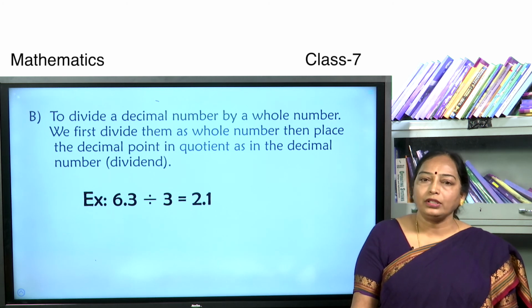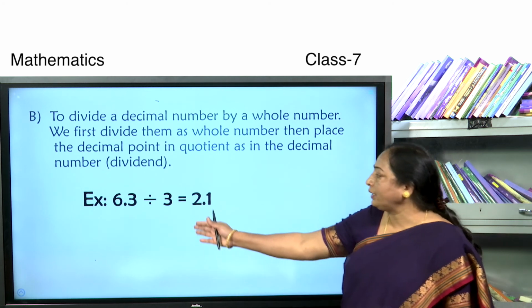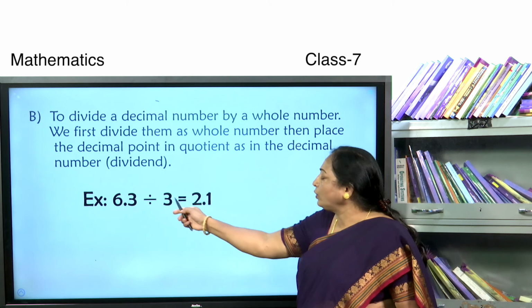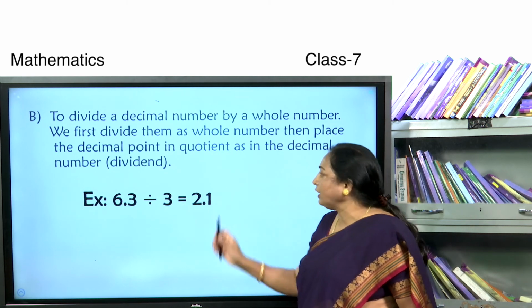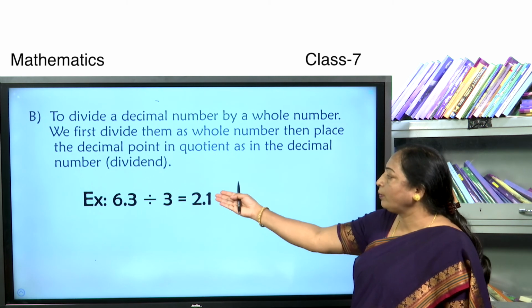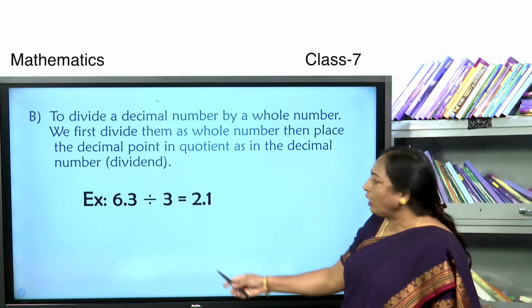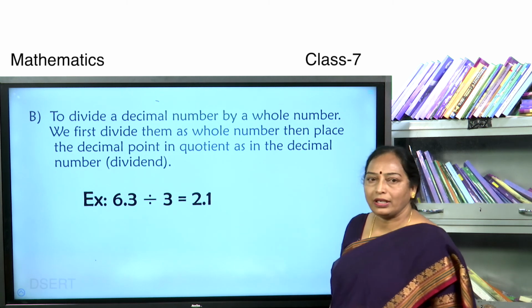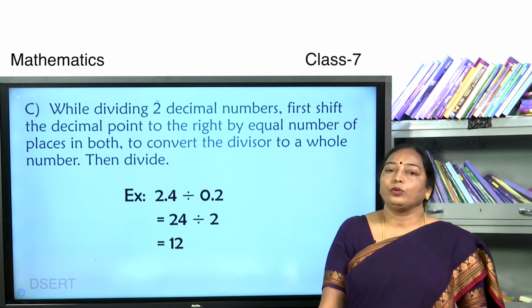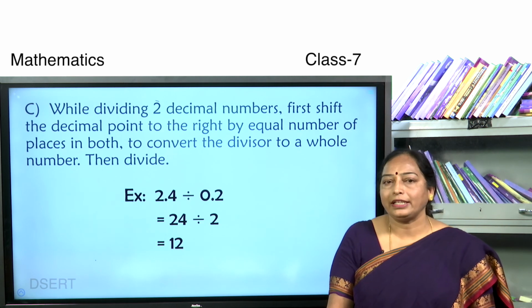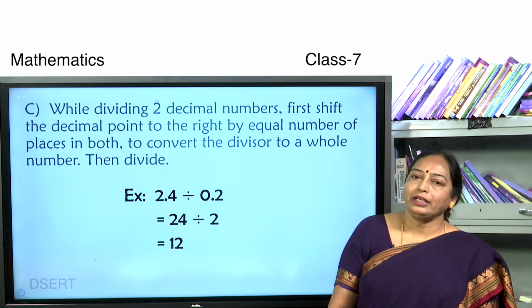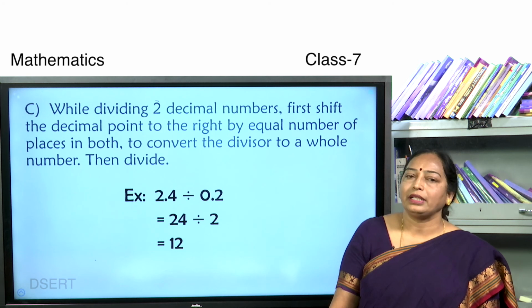To divide a decimal number by a whole number, we first divide them as whole numbers, then place the decimal point in the quotient as in the decimal number. Here 6.3 is the decimal number, 3 is the whole number. Divide it. 3 2s are 6, 3 1s are 3. And we know how to put the decimal point. After one digit from the right, we will get 2.1. While dividing two decimal numbers, first shift the decimal point to the right by an equal number of places in both to convert the divisor to a whole number, then divide.